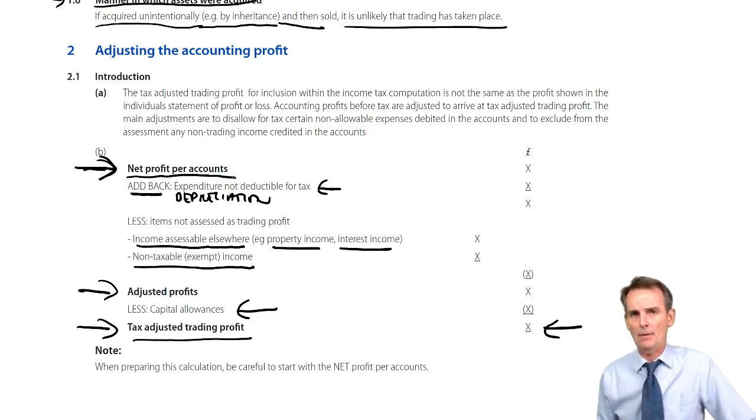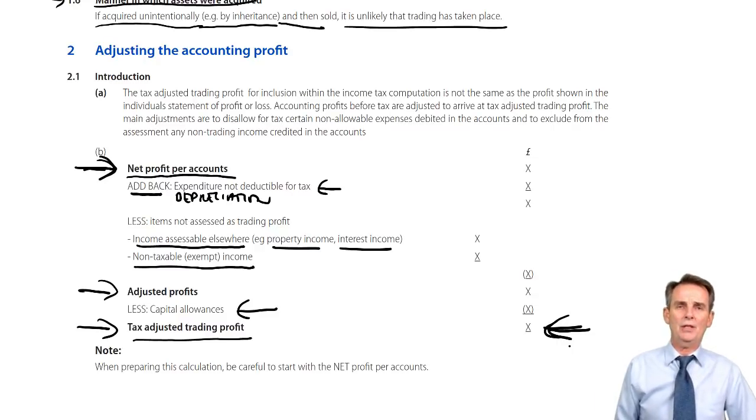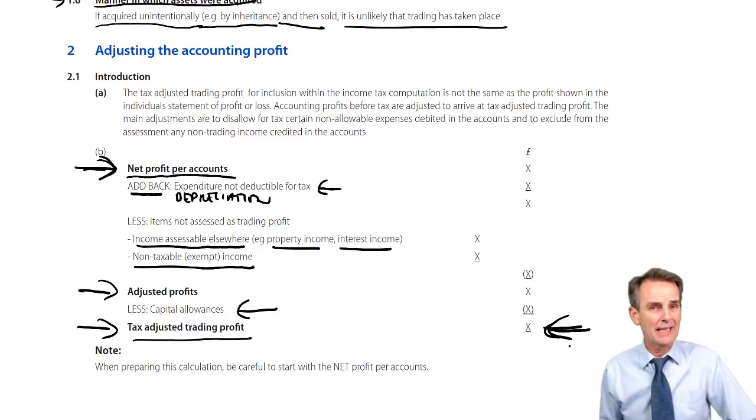Well, don't worry if you couldn't remember that, because in chapter 6, after doing adjustment of profits in chapter 4 and capital allowances in chapter 5, we get that tax adjusted trading profit here. How do we then relate it to the tax year in which it will be assessed? We look at the bases of assessment that apply so far as our trading profits are concerned. And there's a lot of detail going in there.